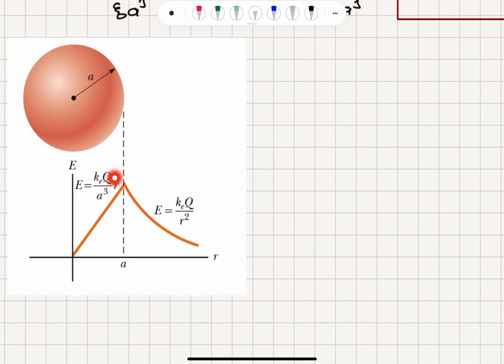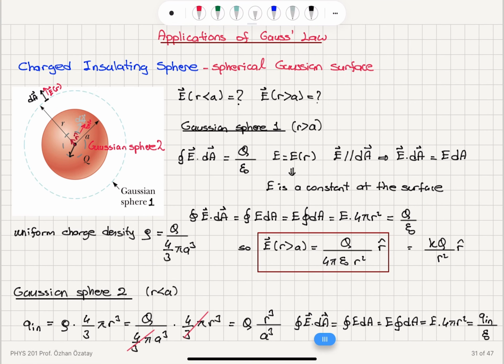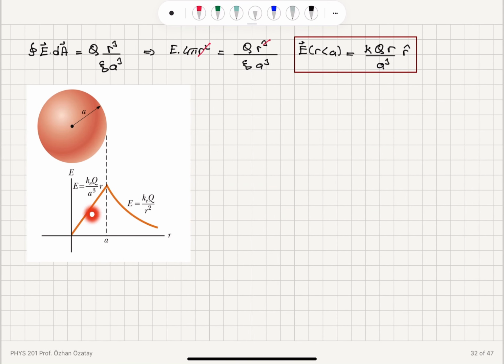So that's k q over a cubed times r, a linear increase. And then when I go outside, it decreases as 1 over r squared. So we reach the maximum electric field at the surface, which is k q over a squared. So r equal to a gives us k q over a squared, which is also k q over a squared, as you can see here. So they agree at this point. And after that, this drops off as 1 over r squared.